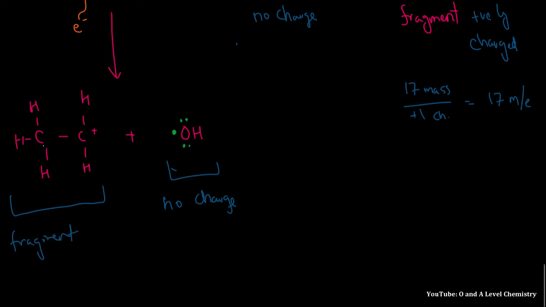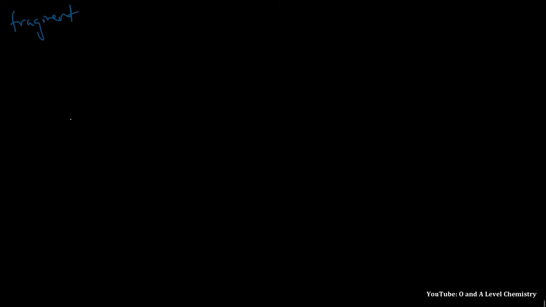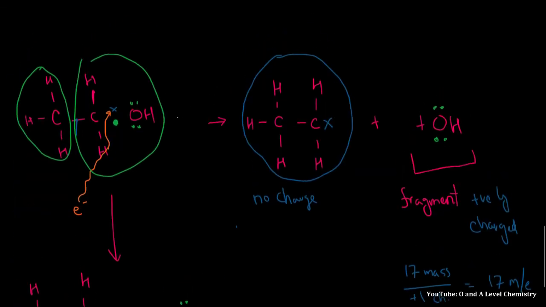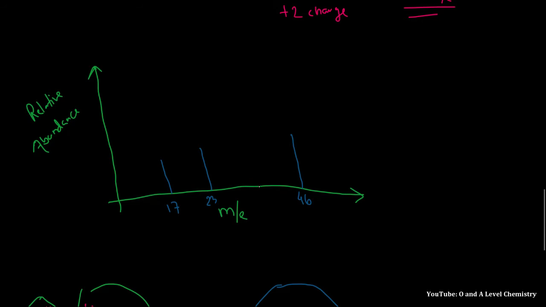So if I calculate the mass, I have 2 carbons, so that's 24, plus 5 hydrogens, 24 plus 5, that's 29. So my mass is 29, and my charge is plus 1. So I'm going to have a peak at 29 m/e.